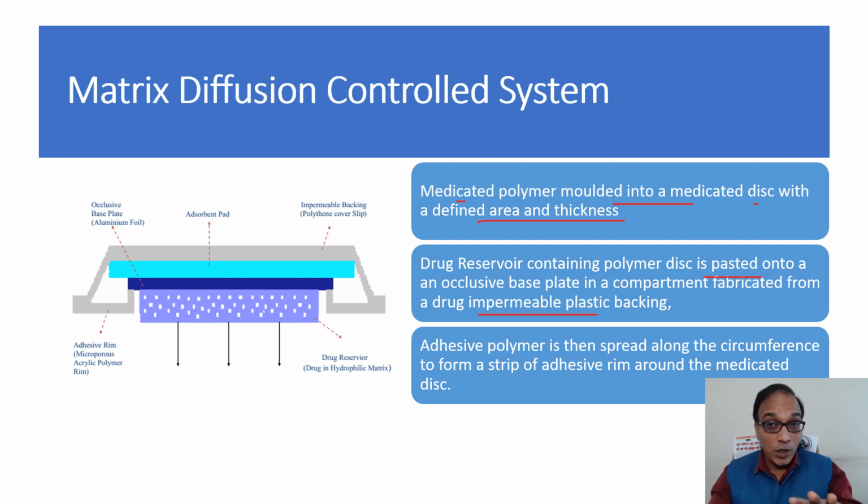Now the adhesive polymer is spread along the circumference to form a strip of adhesive rim around the medicated disc. This makes your matrix diffusion control system. You can see here the peripheral adhesive layer, and this is the medicated polymeric matrix of the drug.